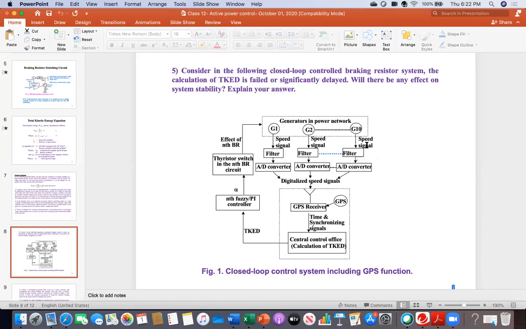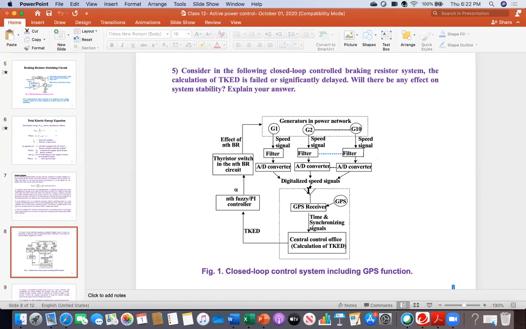Keep in mind that these speed signals are analog signals. Then after passing through the filter, they are sent to an analog to digital converter, and here it is a digitalized signal.